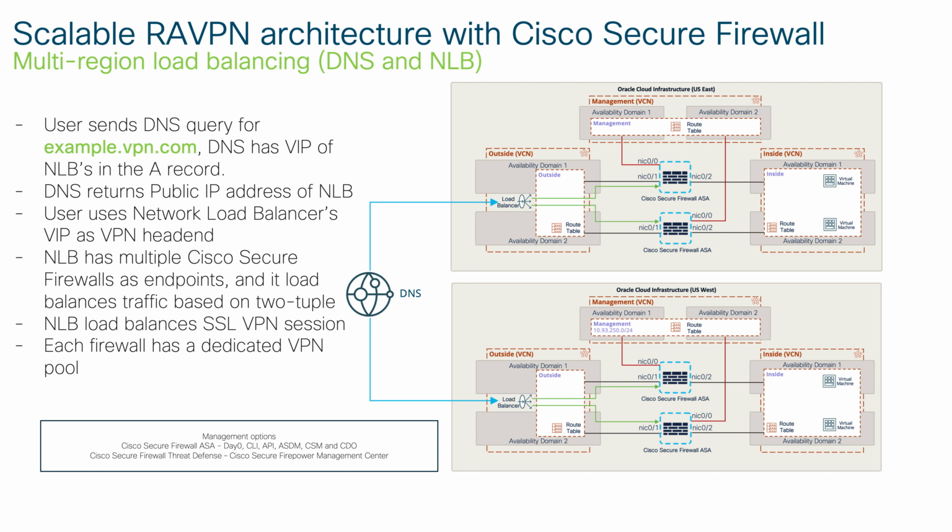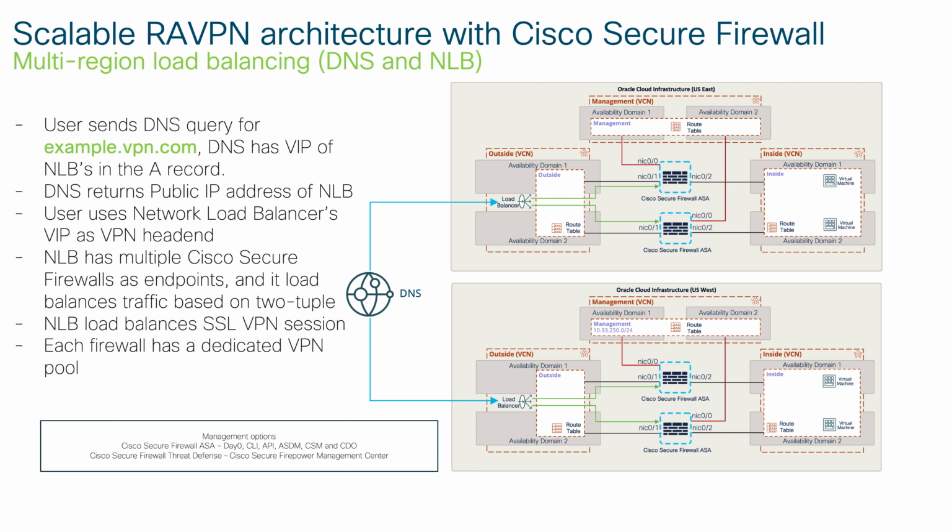For example, in this architecture, I have US East and there is a load balancer, and in US West there is another load balancer. So on my DNS, I have two records. The first record points to my load balancer in US East. The second record points to the second load balancer in US West.